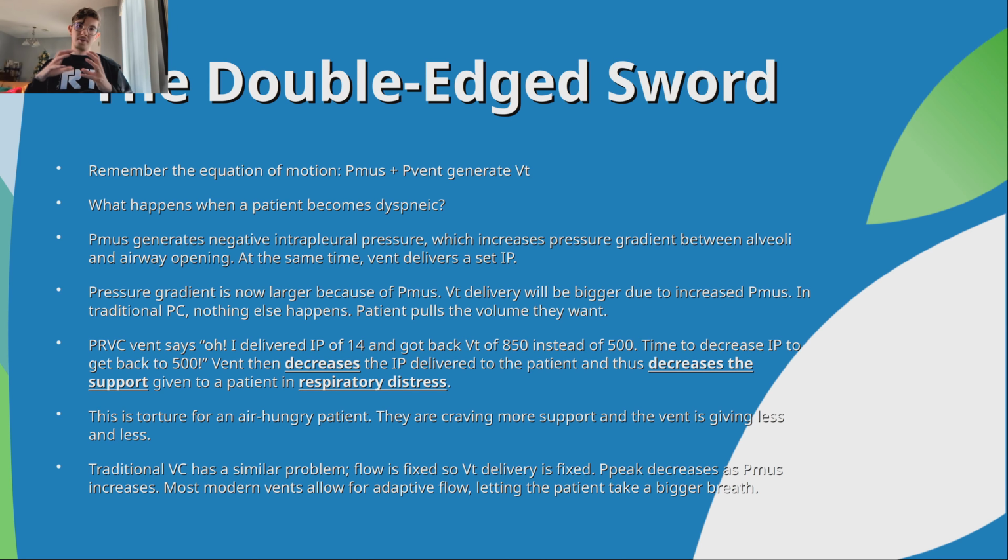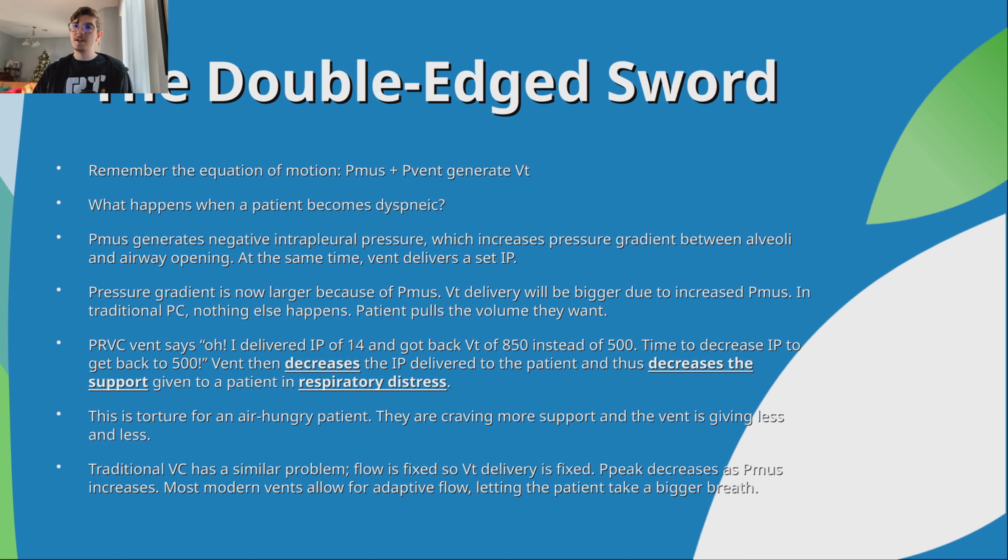Now, remember, with the negatively ventilated patient, that expansion of the thorax is going to drop intrapleural pressure. And so now, instead of the pressure at the alveoli being 5, which is our PEEP, now the pressure might be -2 or something, right? Depending on how much effort the patient is generating. So now there isn't a gradient of 14. Now there's a gradient of 21.